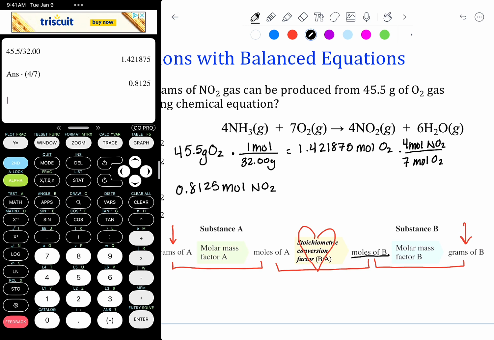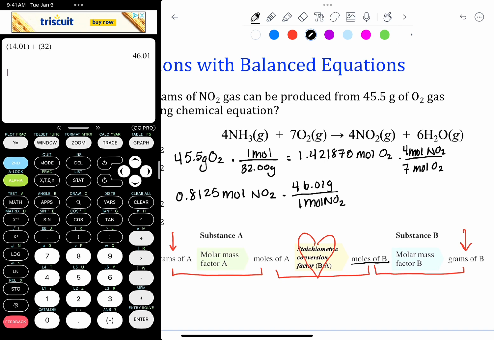And the question wants me to get the mass, so I simply have to use the molar mass of NO2 to convert from moles to grams. So we need to find the molar mass of NO2. So we're going to use our periodic tables to find the molar masses. 14.01 for nitrogen, 16 times 2 is 32 for oxygen, and we get 46.01 grams for every 1 mole of NO2.